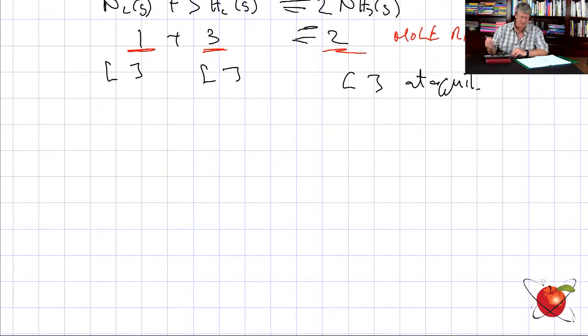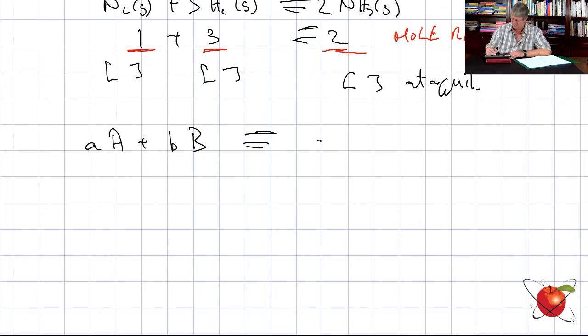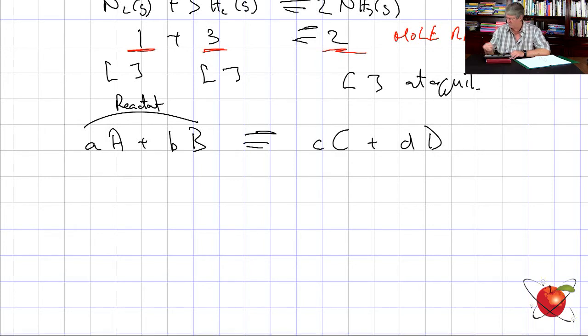Now I'm going to just use a hypothetical reaction. This is A moles of A plus B moles of B going to C moles of C plus D moles of D. This is my reactant, and this is my product over here.